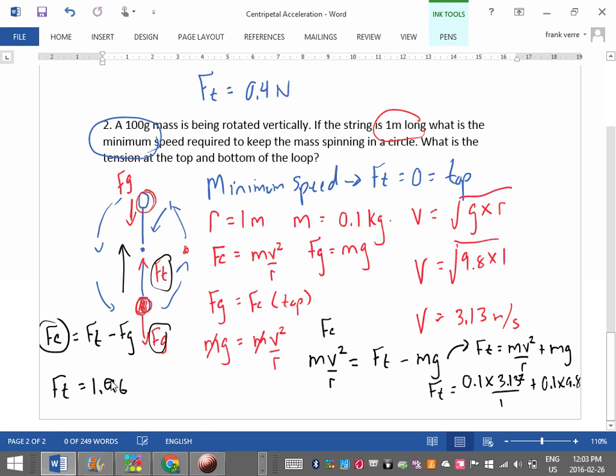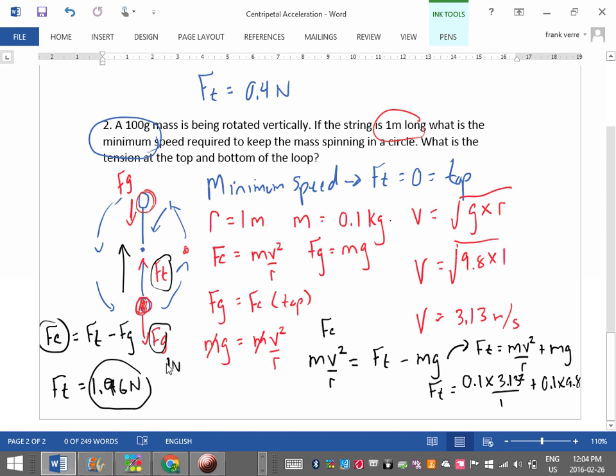Okay. And I always suggest when you get an answer, see if it makes sense. What would happen? Let's think about this for a second. What's the weight of this object? The weight is mg, right? Now, m is 0.1 and g is 9.8. So the weight is about 1 newton. Now, does it make sense that this is bigger than that? What would happen if they were the same?